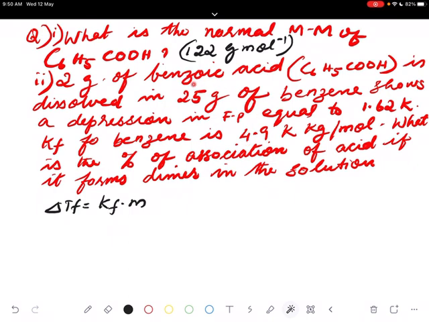Due to this association problem, the molar mass we are getting from here is the abnormal molar mass. So I am going to find out that abnormal molar mass. Normal molar mass divided by that abnormal molar mass will give you the i value. So I am going to do this in three portions as in the previous case.